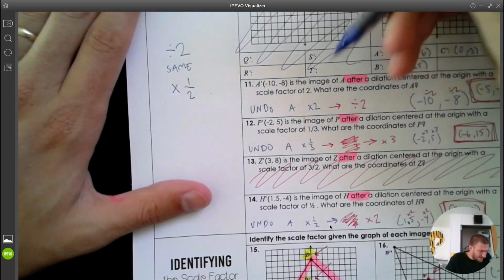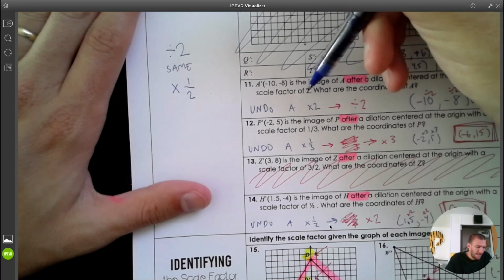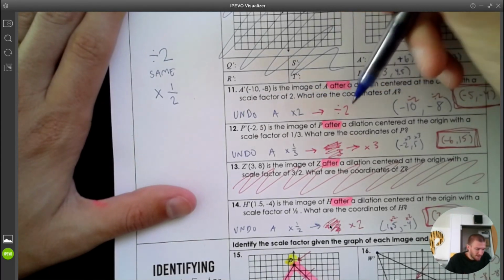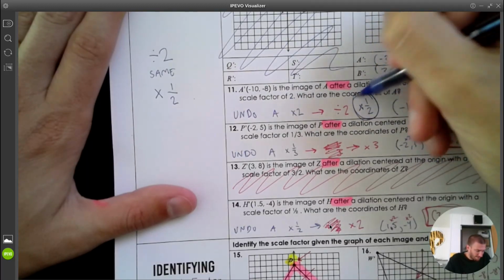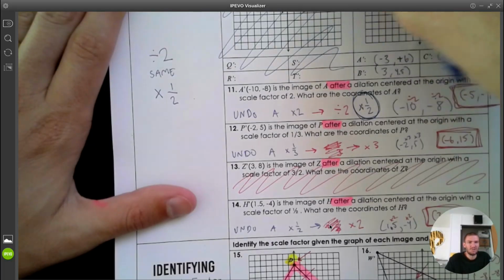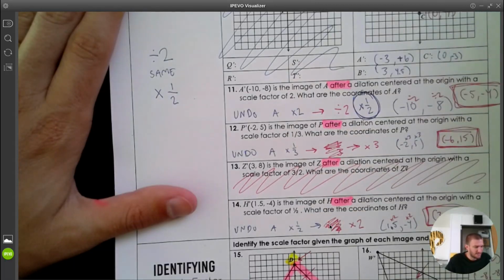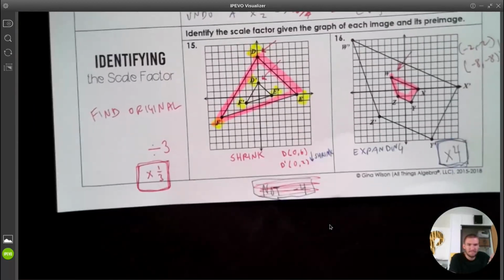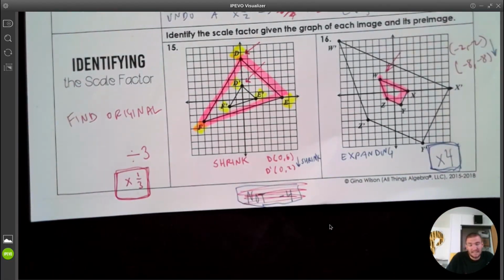So when we see something like a scale factor of 2 and we want to go backwards, which means we want to divide by 2, that would be the same thing as multiplying by 1/2. So we're going to have to incorporate fractions a little bit and multiplying fractions, and if we take our time, it's not too bad. But if we kind of half pay attention, then these questions are missed by a lot of students.